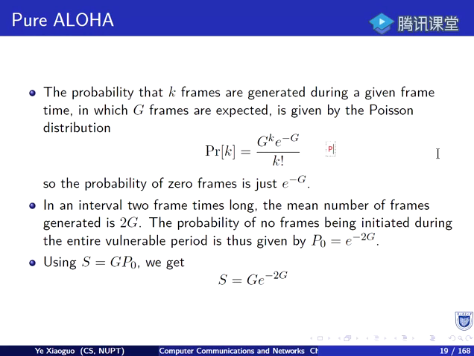From this equation, we can get P0 equals G to the power of 0, right, times E to the power of minus G. Here K is the number of frames, so K equals 0 means the key is 0.